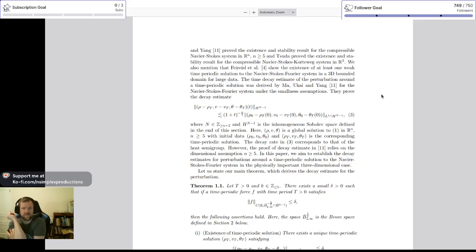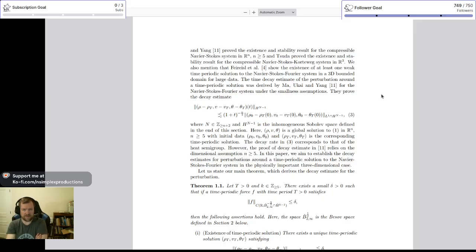We also mention Weils show the existence of at least 1 weak time periodic solution to Navier-Stokes-Fourier system in 3D bounded domain for large data. The time decay estimate for perturbation around a time periodic solution was derived by Ma, Ukai, and Yang for the Navier-Stokes-Fourier system under smallness assumptions.